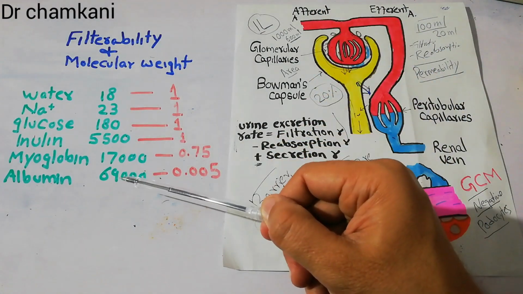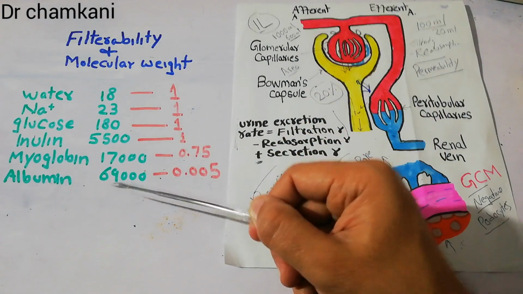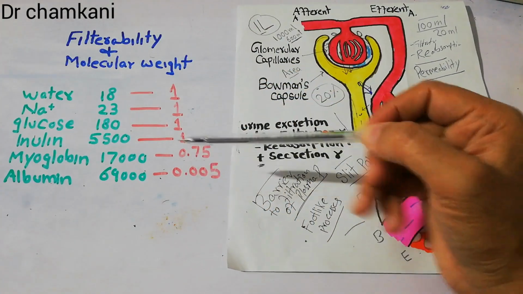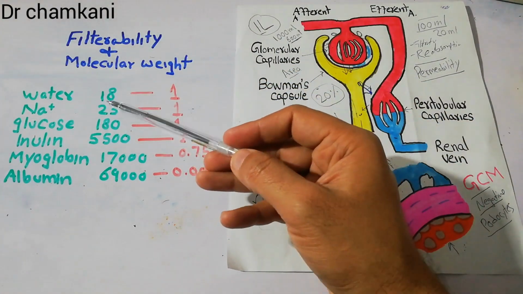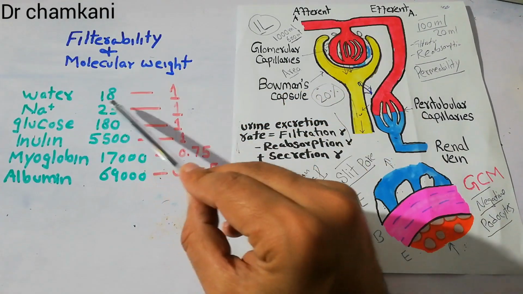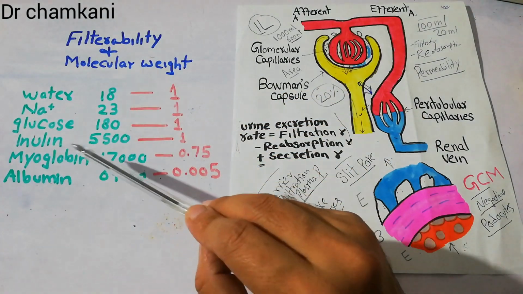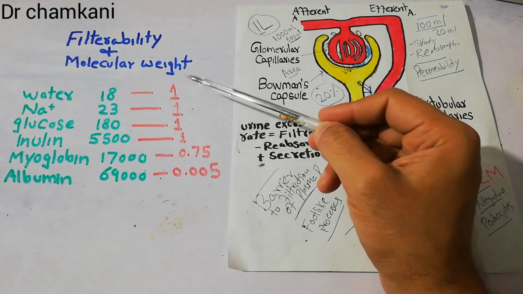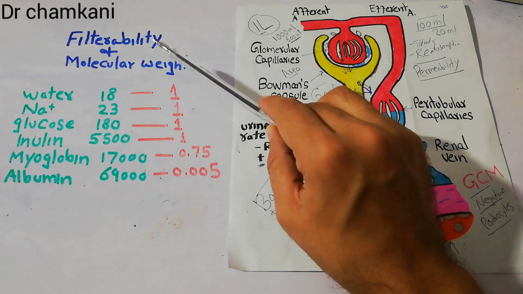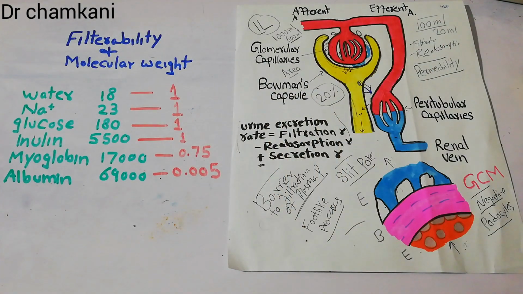And if the molecular weight of a substance keeps on increasing, then its filterability keeps on decreasing. Normally, electrolytes have low molecular weights and they get as easily filtered as water, and their filterability is normally 1. Larger molecules have less filterability, a filterability factor less than 1, and they are less easily filtered. So that's a simple, easy lecture about the filterability and its relationship with the molecular weight.